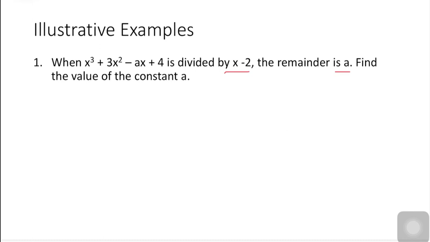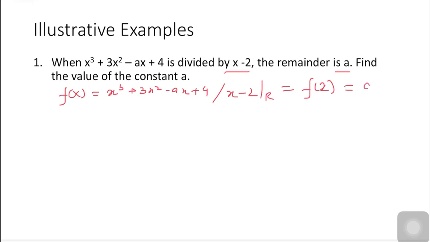Here f of x is given as x cube plus 3x square minus ax plus 4. We know the remainder when divided by x minus 2 will be equal to f of 2, and that is given as a. We need to find the value of a.